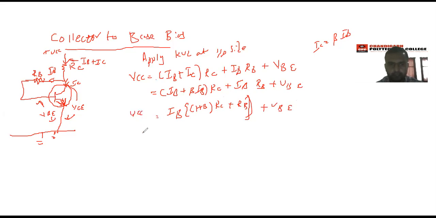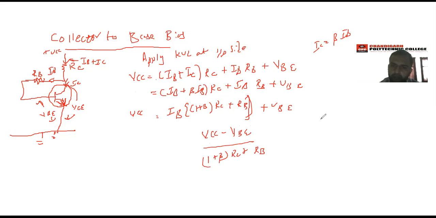And this side, this is your VCC. We can shift from right to left side. Now, this is a plus part, and when we move to the other side, it converts into minus. So the value is VCC minus VBE upon 1 plus beta into RC plus RB.